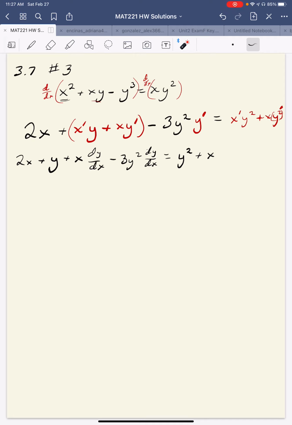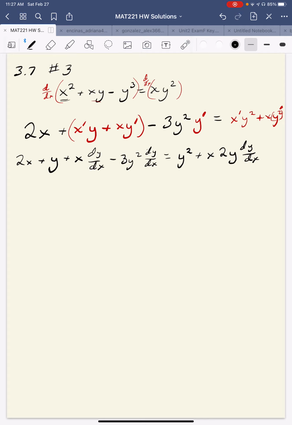The derivative of y squared would then be 2y times the derivative of y, which is dy dx.